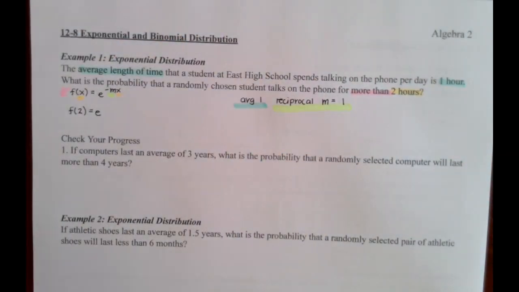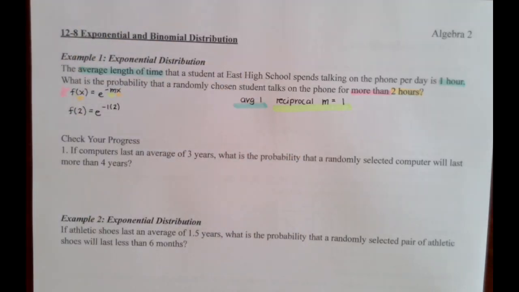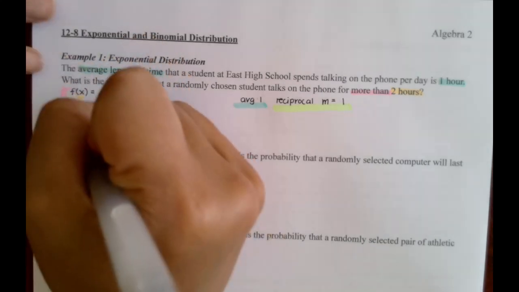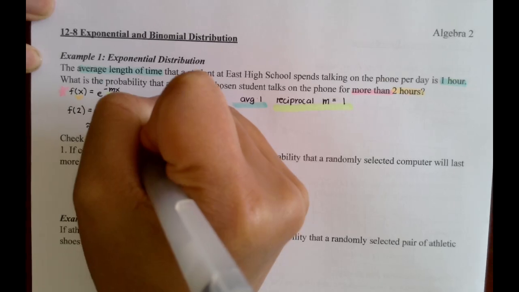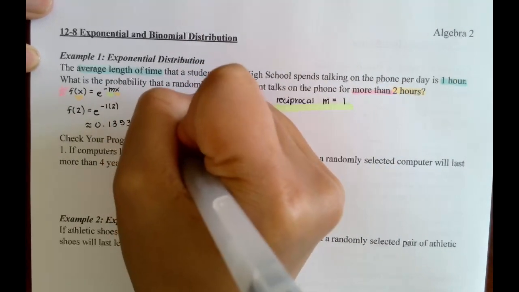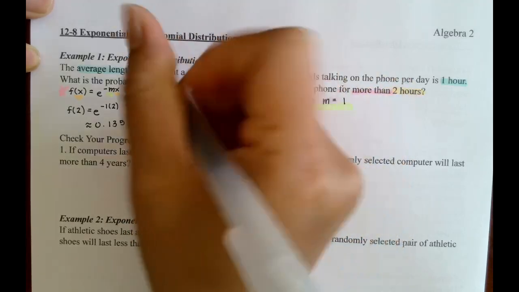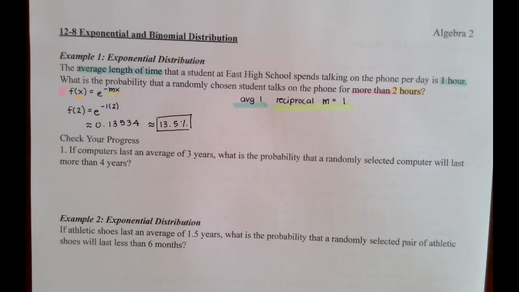So it's going to be e to the negative 1 times 2. Type that into your calculator, e to the negative second power. And this gives you approximately 0.13534, or approximately 13.5%. So what's the probability that a randomly chosen student talks on the phone for more than 2 hours? About 13.5%.